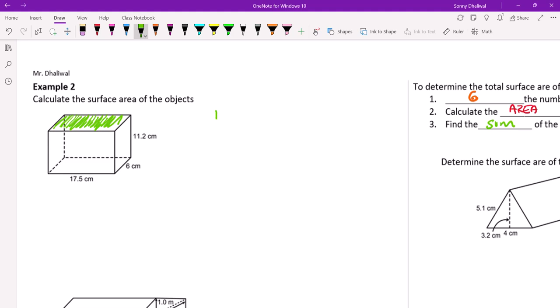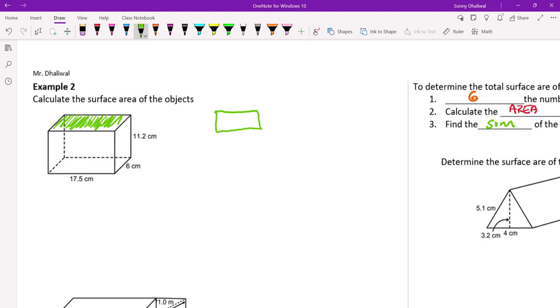It's a rectangular shape like this. If it's a rectangle shape, I look at my formulas. I need to know the length and the width. So I need to know how big each side is. So off this diagram, how big is each side of the top there?